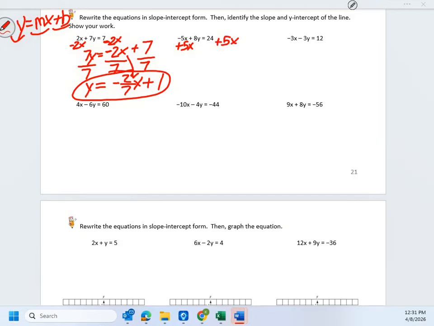So what am I left with for my new equation? 8y equals 5x plus 24. What do we think? Thumbs up, thumbs down. Ooh, I see some thumbs up and thumbs down.